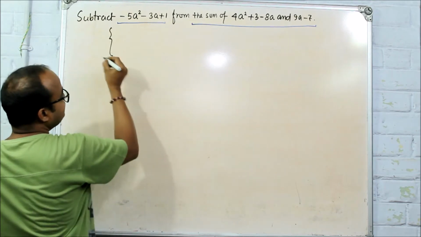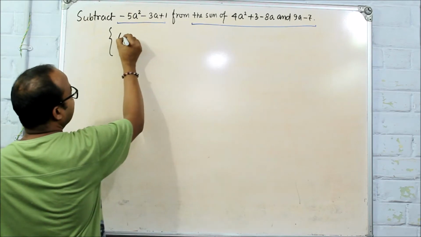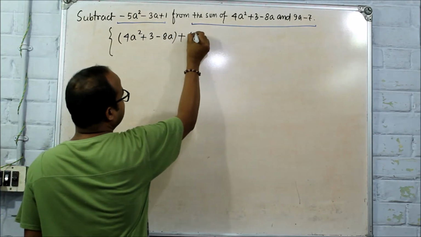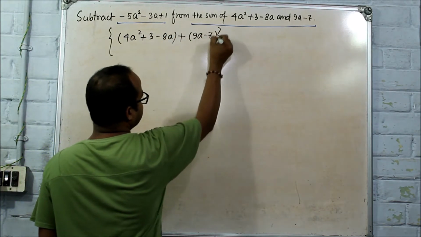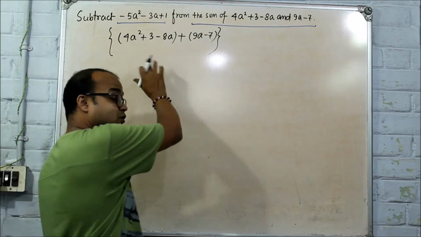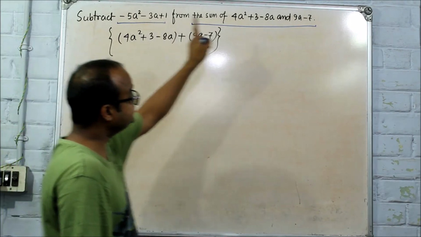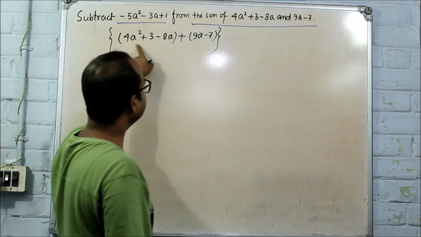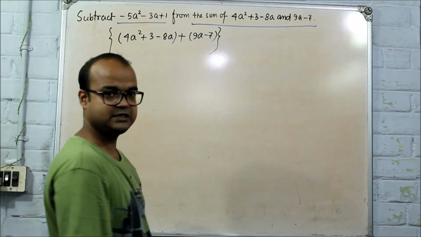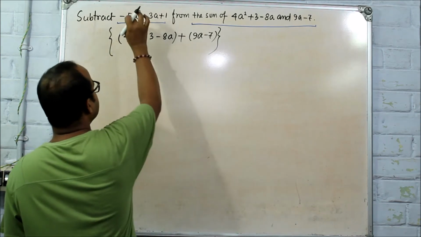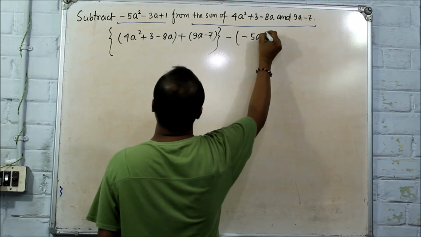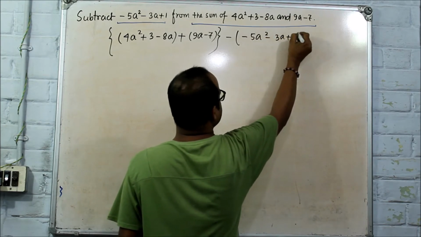So first I write these two, 4a square plus 3 minus 8a plus 9a minus 7. Now we need to subtract this term, that is minus of minus 5a square minus 3a plus 1.